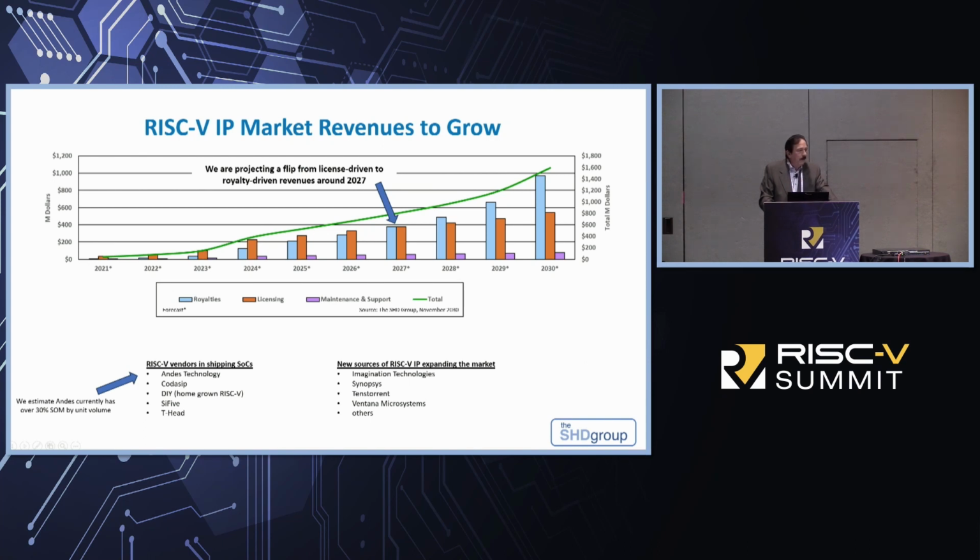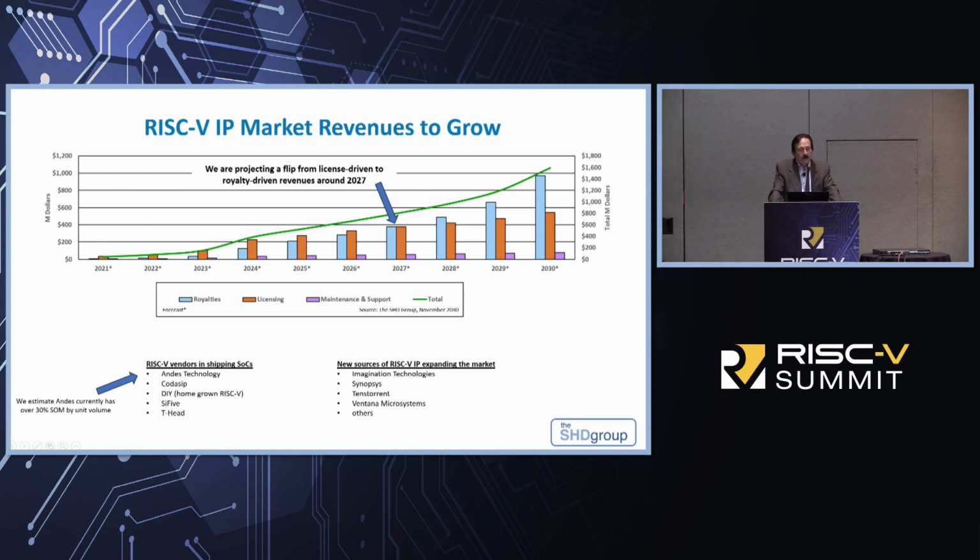Royalties lag because it takes 2 or 3 years to get from the design into production and shipping and volume. But an interesting thing starts to happen, we believe, in 2027, where the licensing and the royalty revenues are about equal. And then from there on, the royalty revenues outpace the licensing revenues, and by 2030, become about 2x the licensing revenues.